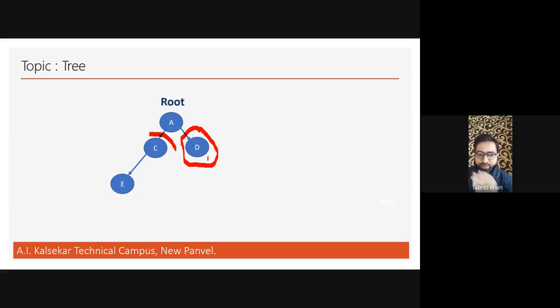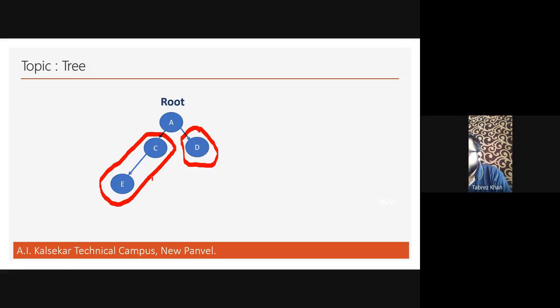It doesn't have any further nodes to divide or partition into n greater than or equal to 0 disjoint sets. Now, when you come to this set T1, what do we have? We have two nodes, C and E. Now, these two nodes together, which is one set T1, is also a tree.